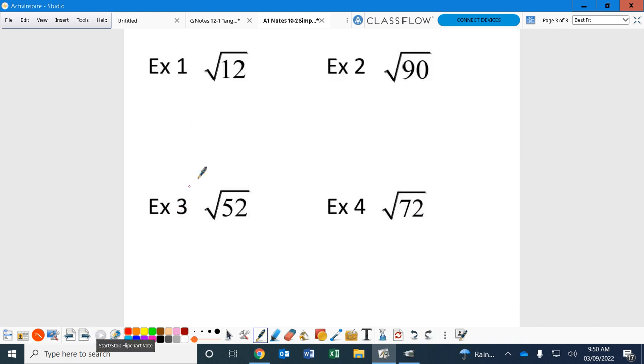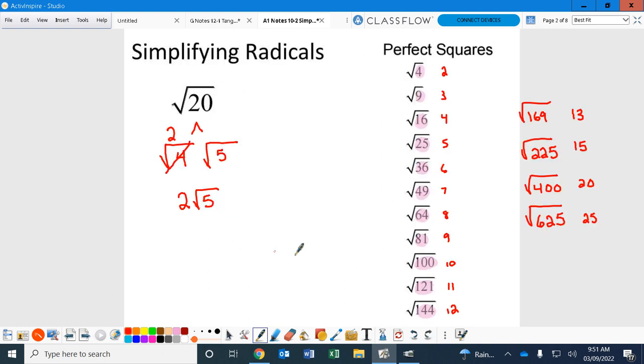So we've got a bunch of these to break down. Some of them are a little bit easier than others, and we'll talk about some things as we go. First things first, when you're looking at 12, what goes into 12 out of that list? 4. So is 2 on that list, guys? Look. Is 2 on that list? No. Guys, listen to me.